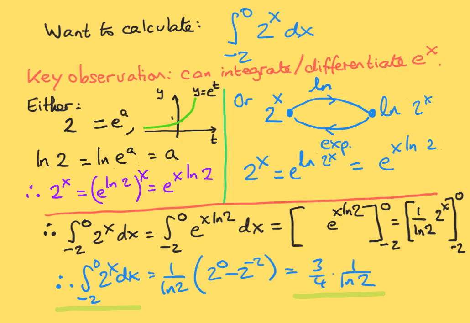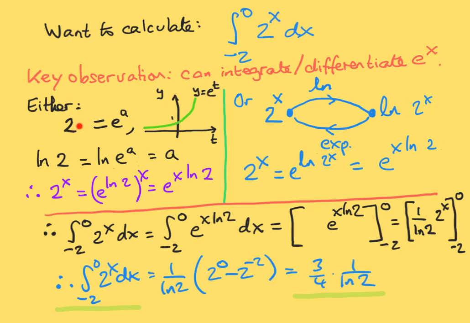So the first thing you could do is say, well, 2 can always be written as e to a power. Let's just show that. 2 is a positive quantity, and if I sketch here the graph of y equals e to the t against t, then you can see that all positive numbers are possible outputs for e to the t.